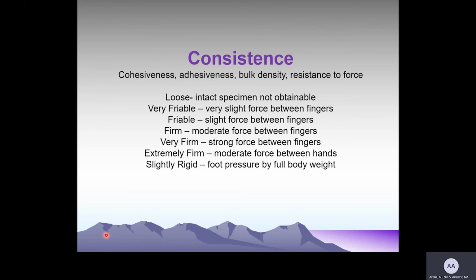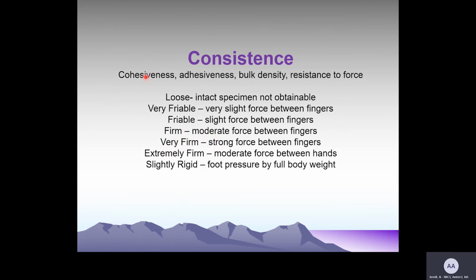So if you pull one of those peds out and you put it between your finger and your thumb and you squeeze it together, and it crushes with very little force, we refer to that as very friable. Takes a little more force, it would be friable. Here's where it gets kind of important, I think, especially in the soils of Massachusetts. If you're dealing with a dense layer with lodgement till, you're starting to get into this type of consistence.